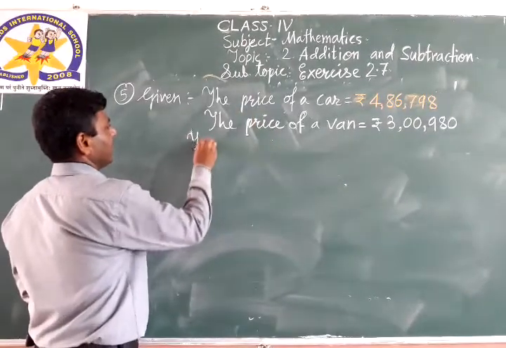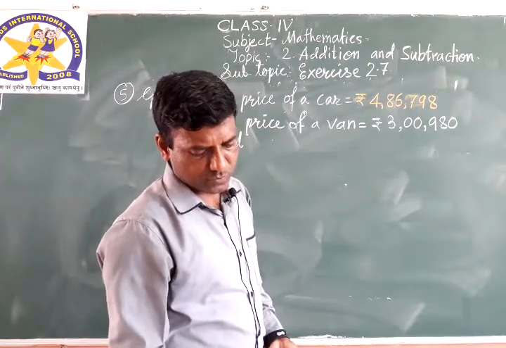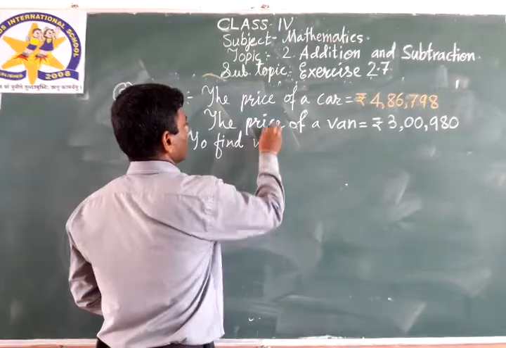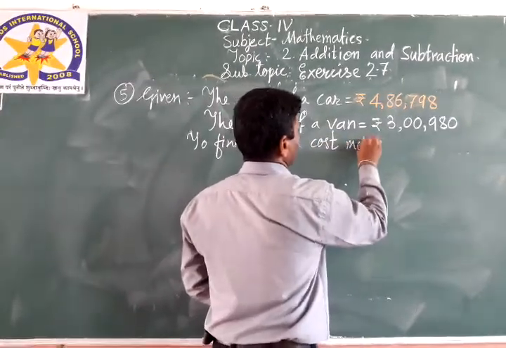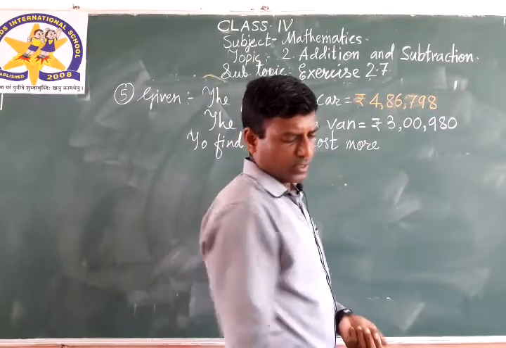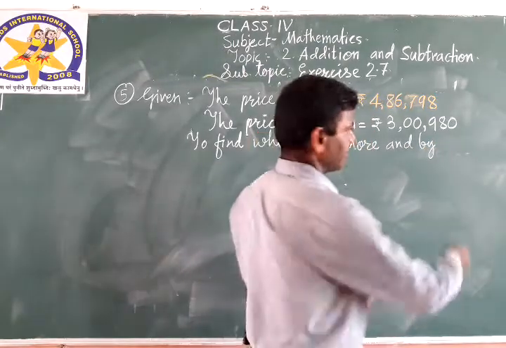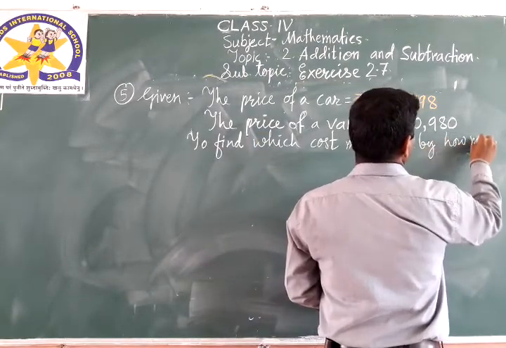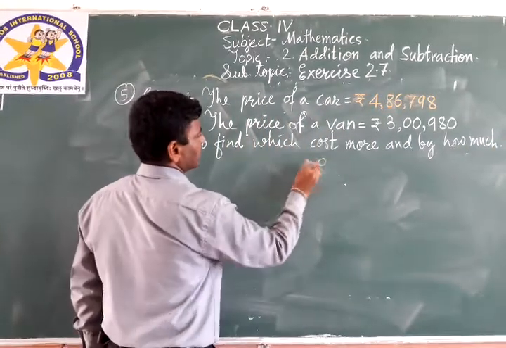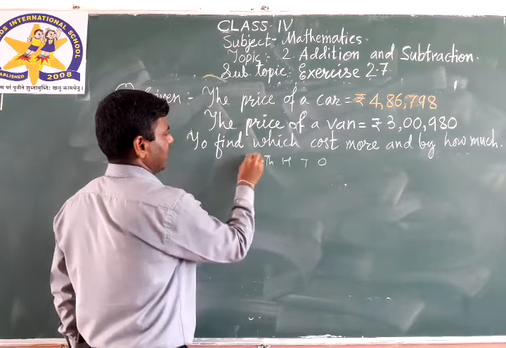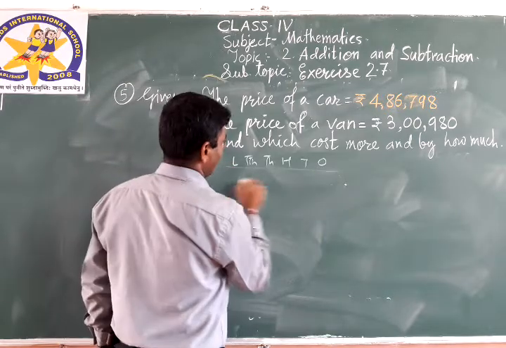To find which costs more and by how much. Simple. Same. Ones place, tens place, 100 place, 1,000 place, 10,000 place, lakhs place. Right? Here up to lakh.